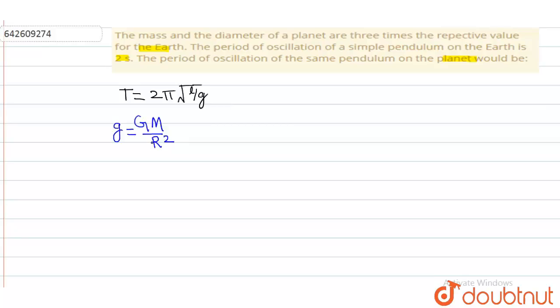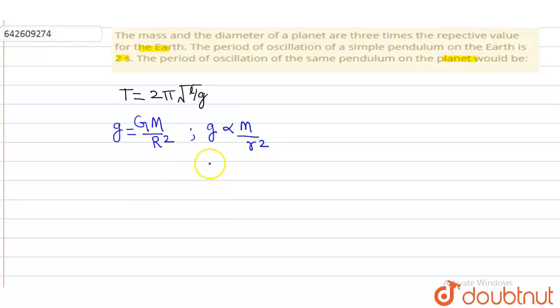So let's calculate the relation between g, then we will be able to calculate the relation between the time period. We can say that capital G is constant. So g, that is acceleration due to gravity, is directly proportional to the mass and inversely proportional to the radius square.